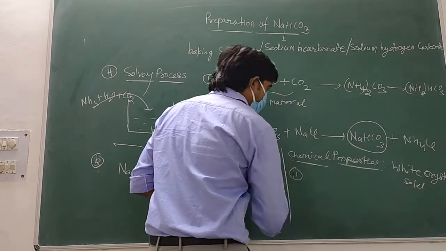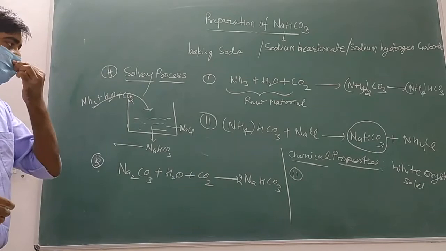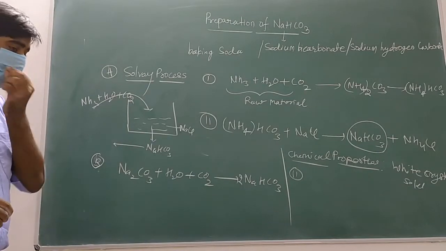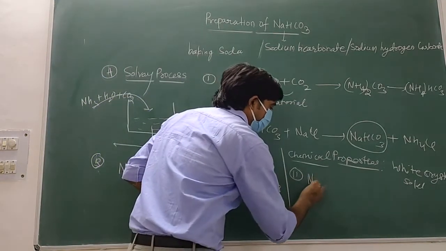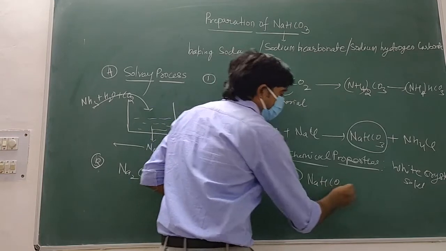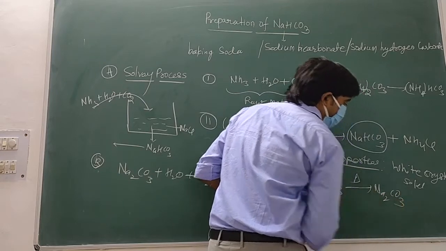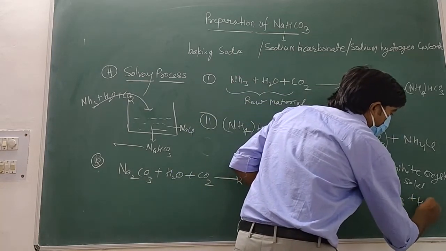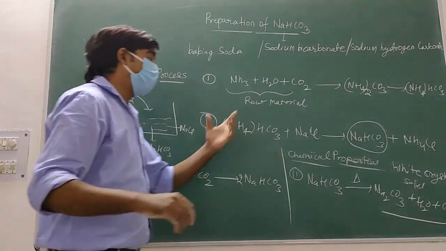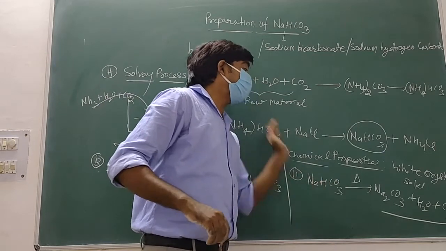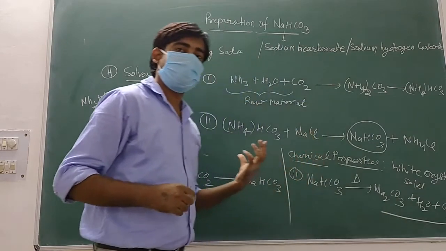Now we will study the chemical action. When it is heated at high temperature, it releases carbon dioxide and forms sodium carbonate. So NaHCO3, sodium bicarbonate, on heating forms Na2CO3, sodium carbonate, plus H2O and CO2, the raw materials of the synthesis of sodium bicarbonate. So on heating, sodium bicarbonate decomposes into the components by which it was formed.